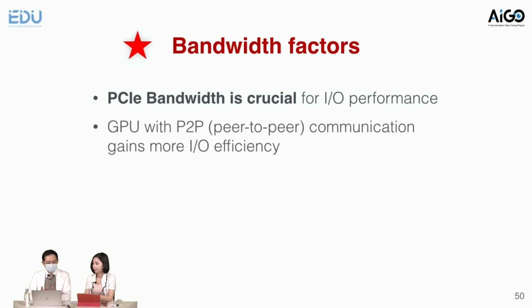In addition, some GPUs have P2P communication. P2P means peer-to-peer. The meaning of peer-to-peer is that it allows different GPUs to communicate with each other, and it will save I/O bandwidth and gain some efficiency from that saving.